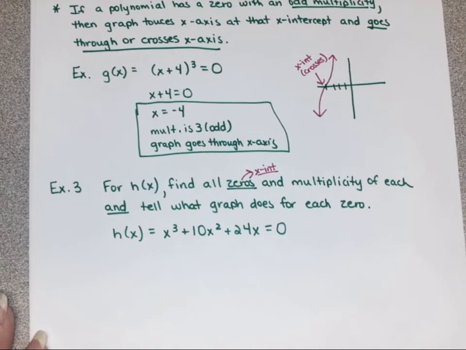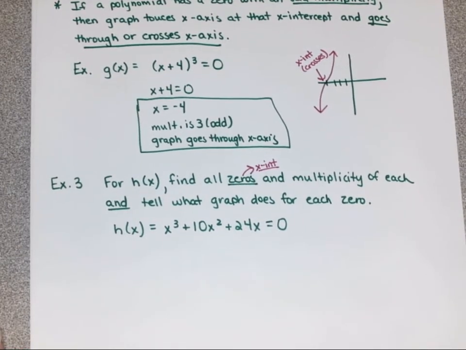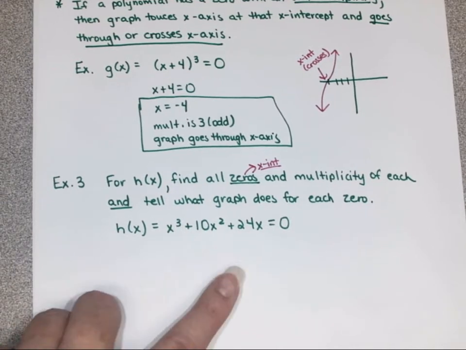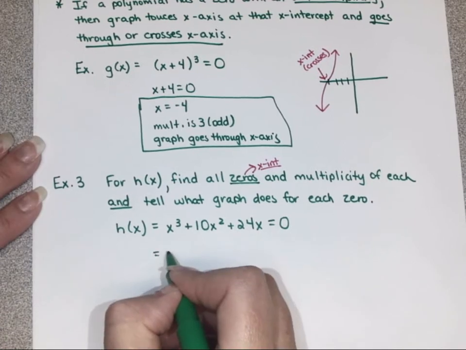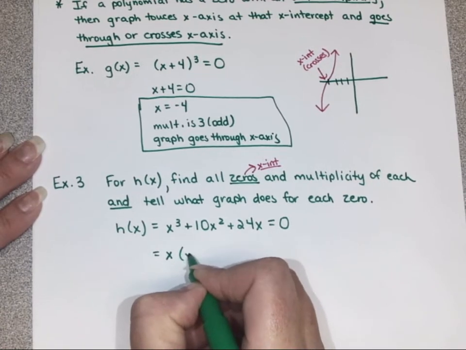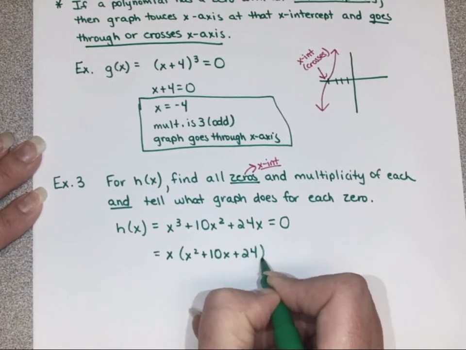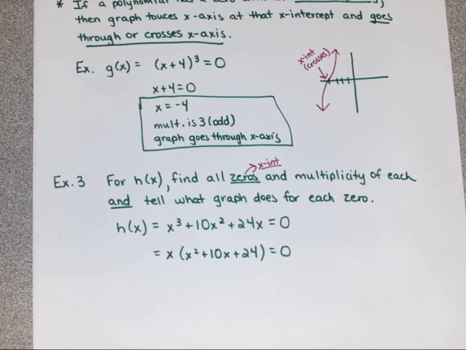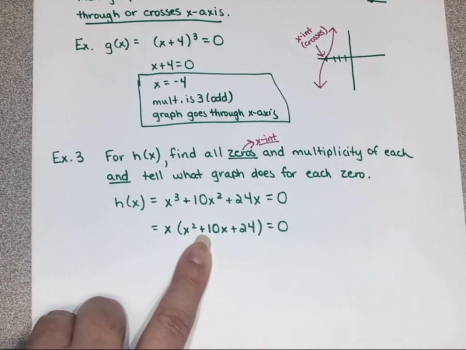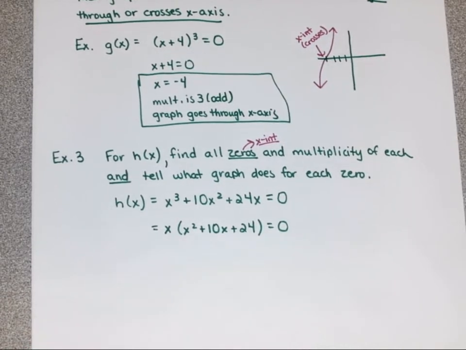Okay. Notice this one's not factored for us, but I think there's something we could do to kind of make it easier to factor, like right off the bat. So what do you notice there is in everything so far? There's an x, so if we divide that out, we'll get x squared plus 10x plus 24. Okay, but now this I know how to factor, or I should, from our quadratic unit.